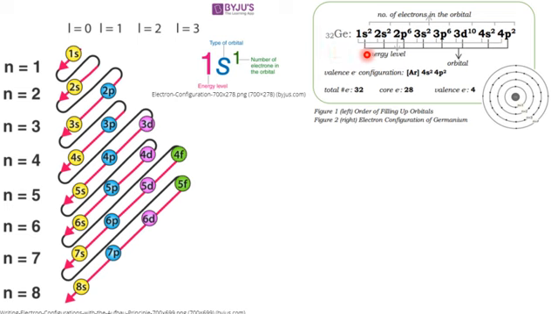Meaning to say, the more electrons, the longer the electron configuration, like this: 1s2, 2s2, 2p6, 3s2, 3p6, 3d10, 4s2, 4p2. And this is the atomic orbital configuration of germanium with 32 electrons. So it is very long because of the high amount of electrons.